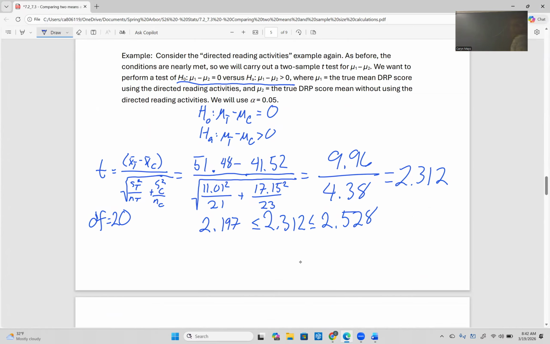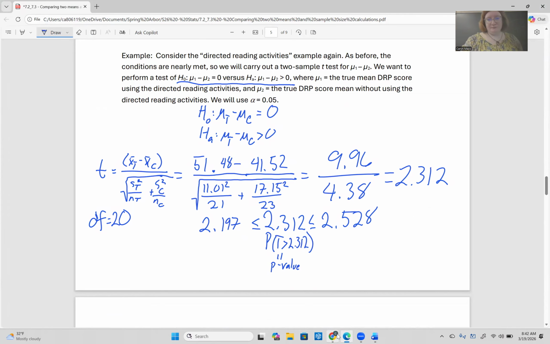Since this is one-sided, if I go to the top of the column where this is, that will be our p-value. In particular, this is the probability that t is bigger than 2.312 is what we'd be told at the top of the column. Again, because this is one-sided, that is our p-value.